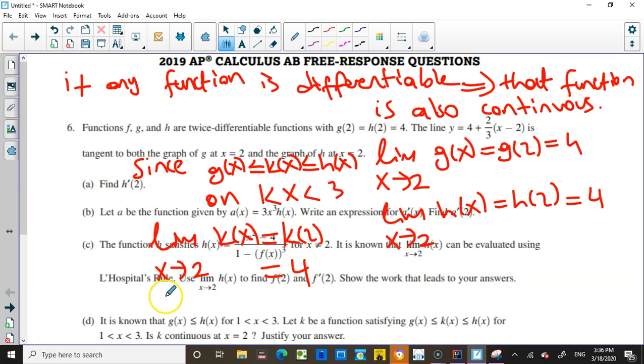Therefore k is continuous at x equals 2. Since we ended up with this expression, that means k is continuous at x equals 2. So basically for part D, we've used the squeeze theorem. That's the application of the squeeze theorem.